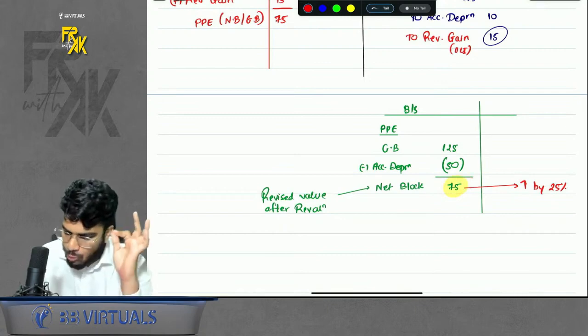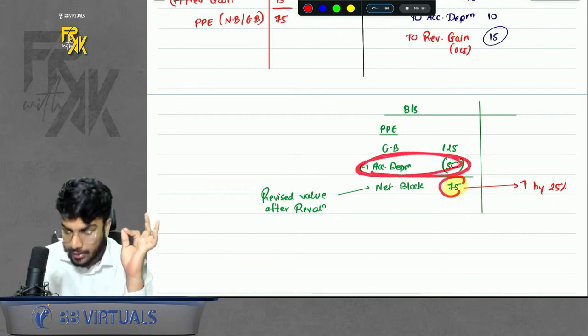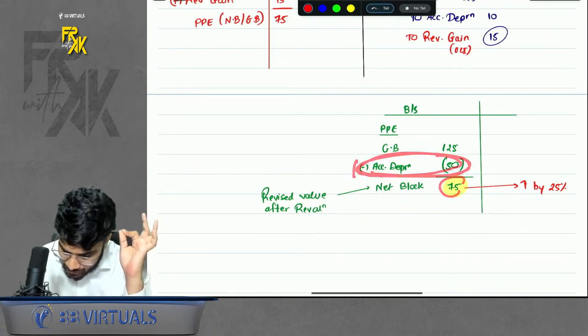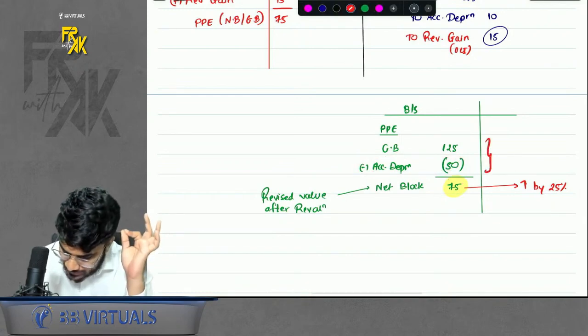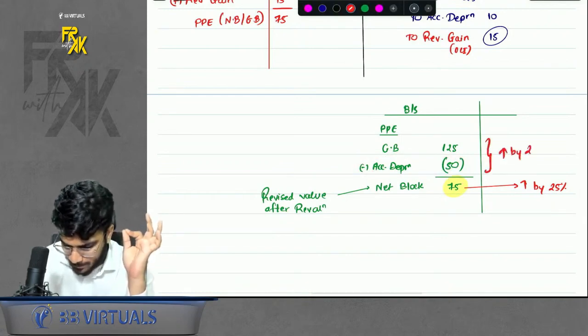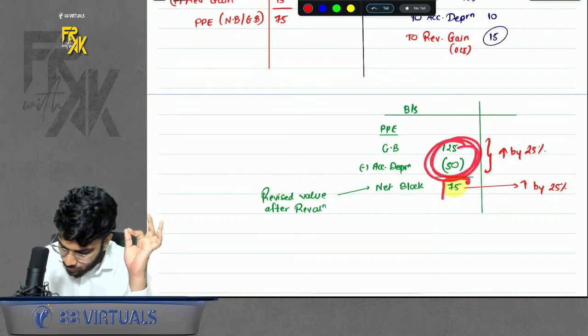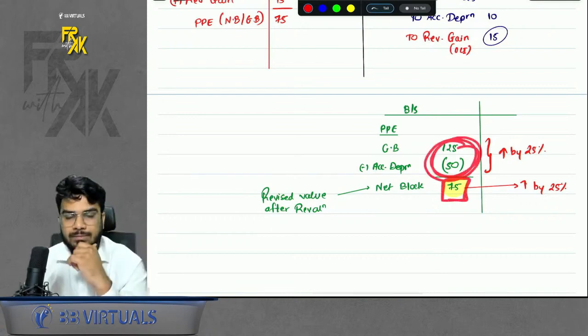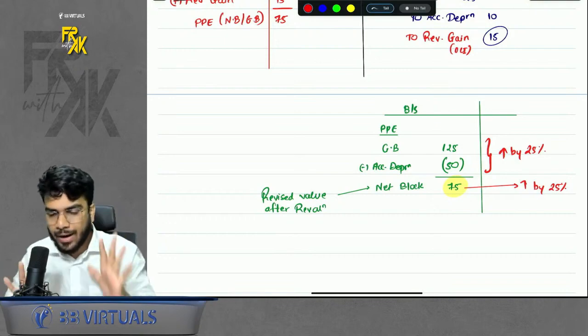The standard says that if you want to keep the accumulated depreciation in your balance sheet and not eliminate it, you will also have to increase these two amounts by 25%. Because if you don't increase these two amounts, the answer of 75 won't come, right? Now try to understand the logic.